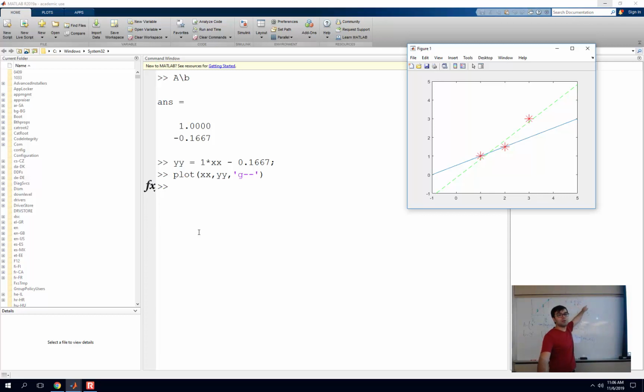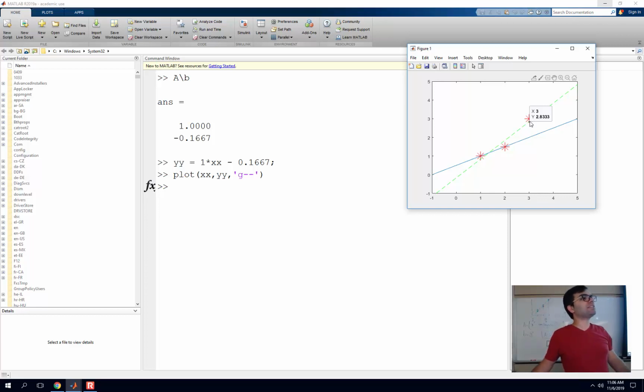So it's minimizing the distance between what's predicted and what was given. It's minimizing this distance, so basically changing alpha and beta until this distance is minimized. So that's basically tuning alpha and beta.